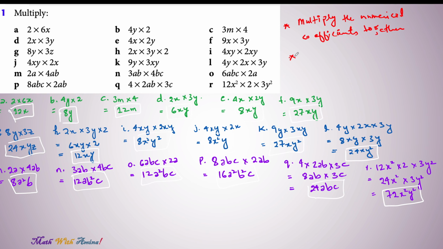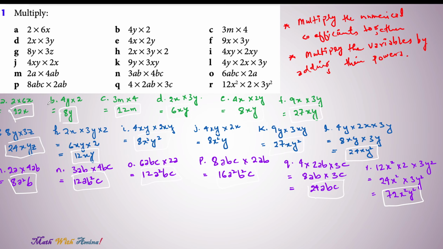The second is that we multiply the variables by adding their powers. If there is no power written, it means the power is 1. So these two rules we will be considering while solving each one of these when multiplying.